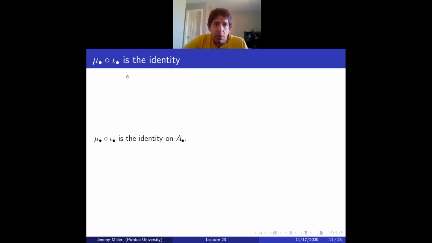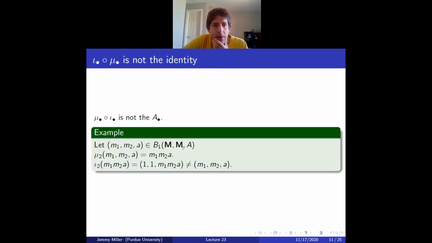Okay, so as I said, one of the compositions is already the identity, so we don't have to do anything there. But the other one is not. I should have flipped the order on the slides.